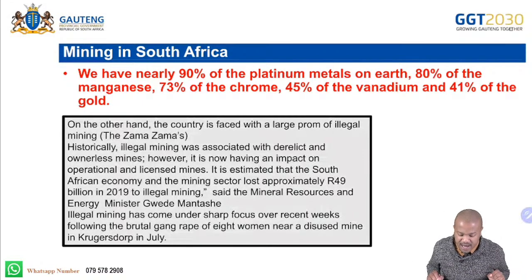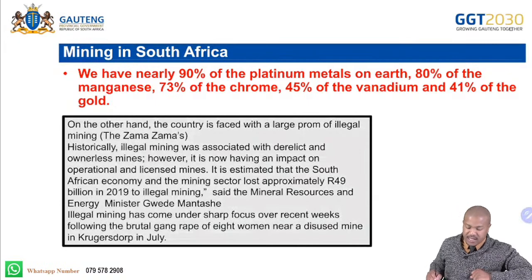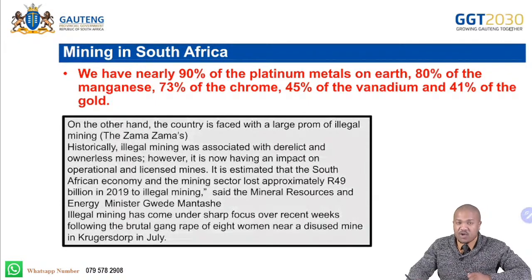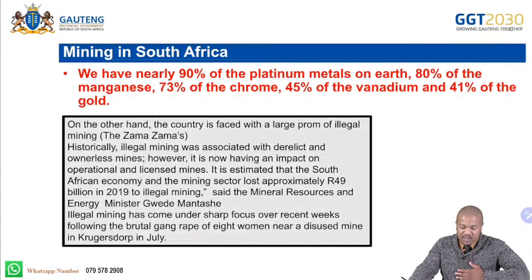On the other hand, the country is faced with a large problem of illegal mining, the Zamazamas. Historically, illegal mining was associated with derelict and ownerless mines. However, it is now having an impact on operational and licensed mines.